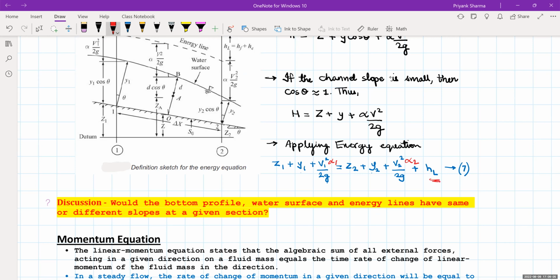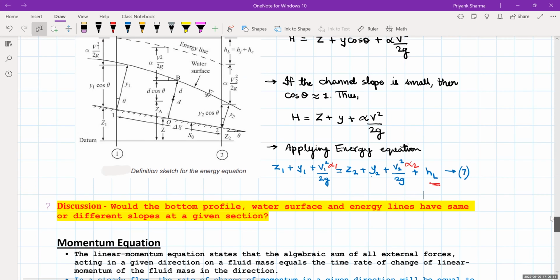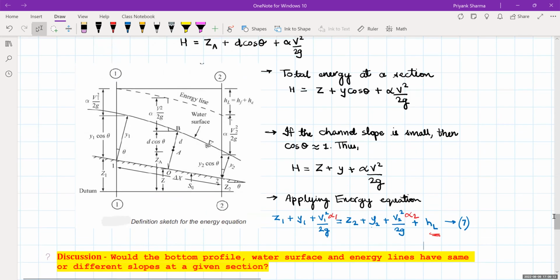So that brings us to our next discussion point. In this figure you saw there are three major slopes. One is your bed slope, one is your water surface slope, and third is your energy slope.